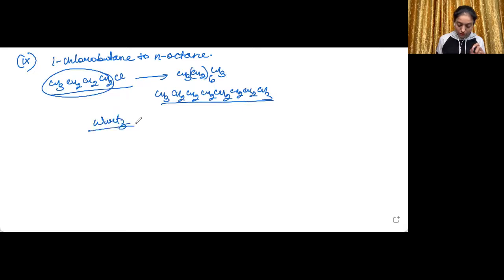In this reaction, we take 2 alkyl halide molecules and treat them with sodium metal, and the halogens are removed along with the sodium, leading to the formation of NaCl, and the 2 alkyl groups get joined together.